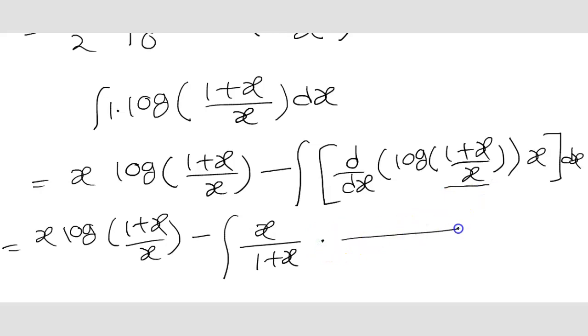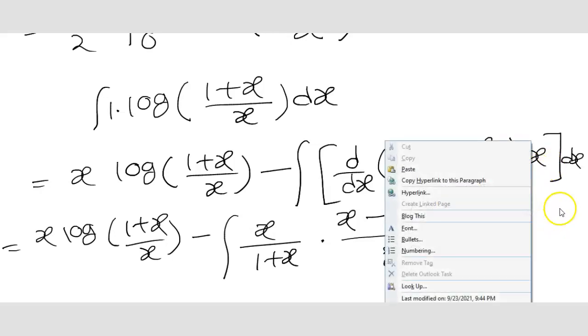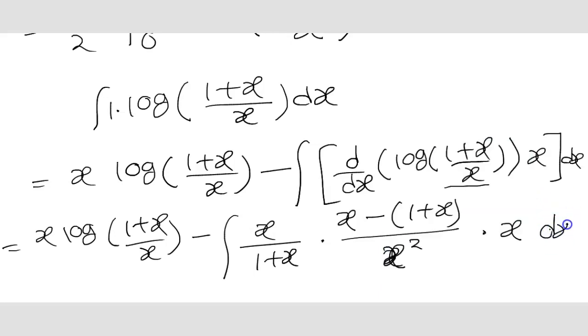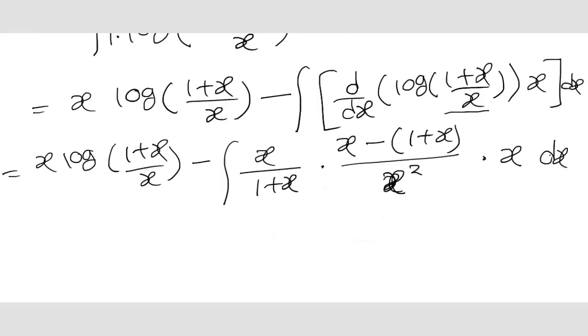If we apply the quotient rule of derivatives, the derivative of 1 is 0 and the derivative of x is 1, so it is x, and there is 1 plus x, because the derivative of x is 1, and there is always another x squared.